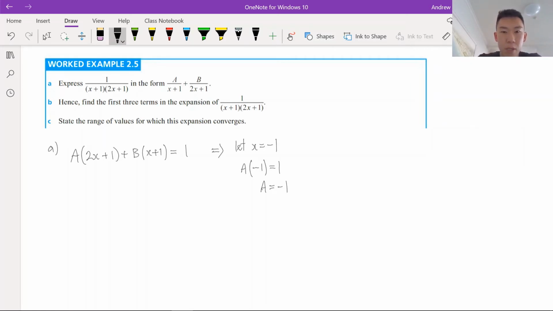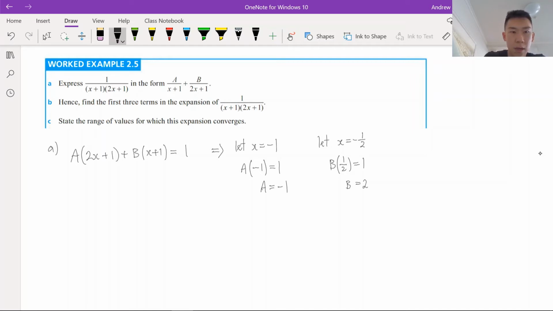And then if we try to solve for B, we need to eliminate A. So if we want to eliminate A, x has to equal -1/2, because 2 times -1/2 plus 1 would equal 0. So that means B multiplied by (-1/2 + 1), which is a half, equals 1. So therefore B = 2.